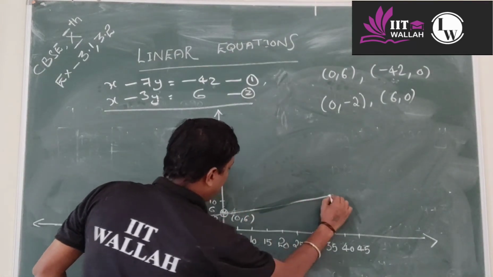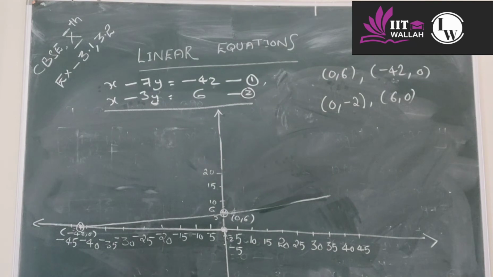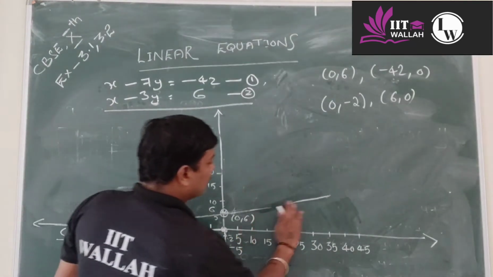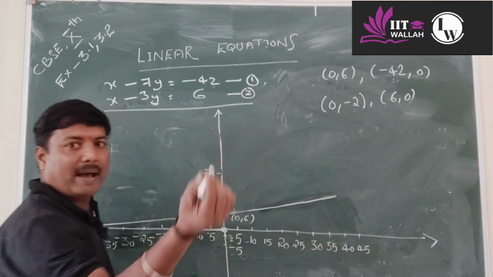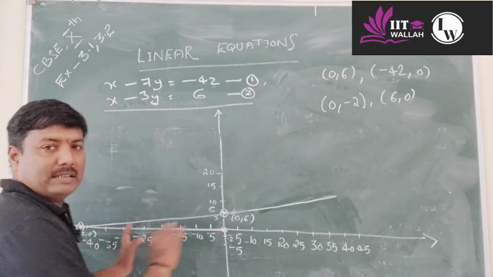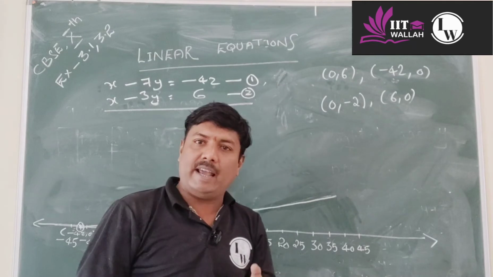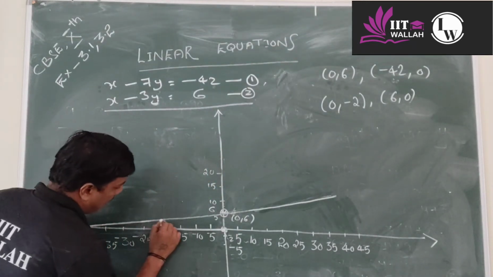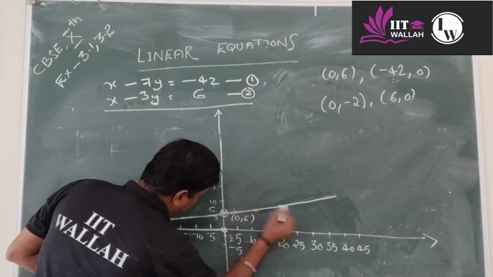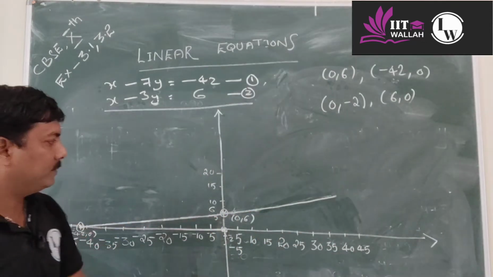Okay, understood? This is not exactly a straight line as I am doing with my bare hand. That's why you have to draw this properly using scale. So this line we got.